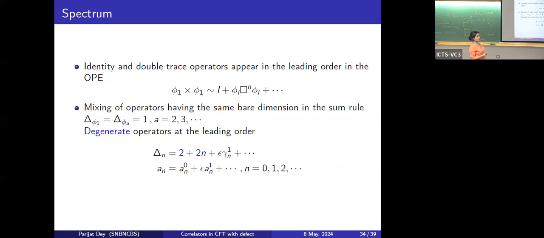So we assume that in the operator product expansion of two fields phi i, we have the identity, which is always present in the spectrum, and we have operators consisting of two phi's with 2n derivatives acting on these phi's. These operators are known as the double trace operators, and at leading order the dimension is 2 plus 2n.